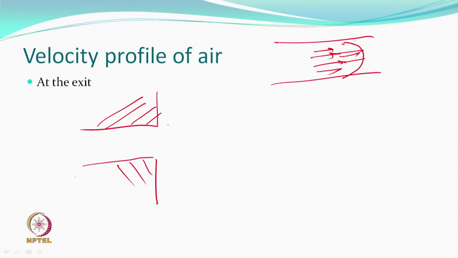Okay. But because of the turbulent velocity situation, the profile which has been measured at the exit is something like that. At the center, it is not necessarily the highest velocity, because the molecules in turbulence may be hitting each other in the center more.